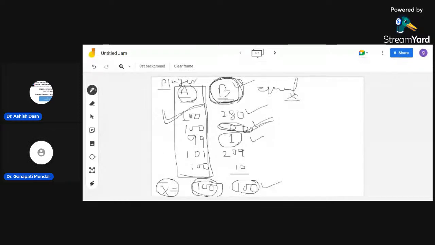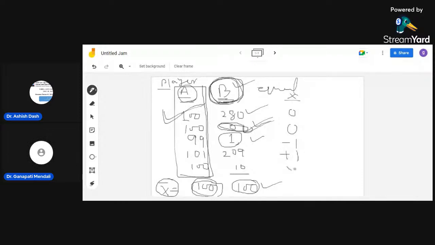So 100 minus 100 is 0. 100 minus 100 is 0. 100 minus 99 is 1, minus 1. 101 minus 100 is plus 1.